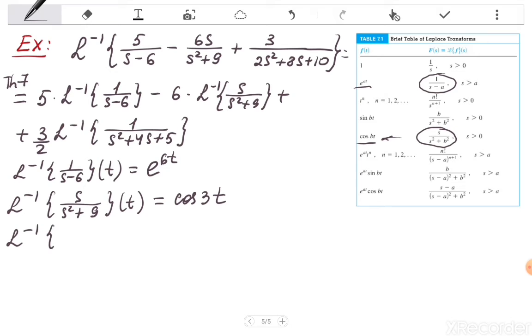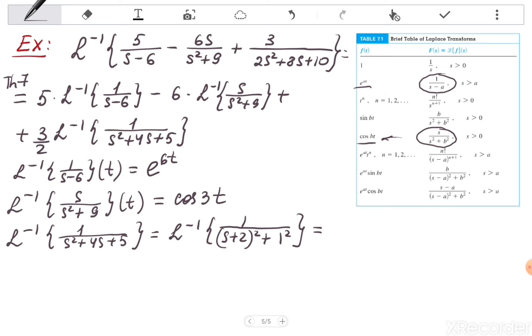And the inverse Laplace transform of 1 over s squared plus 4s plus 5. Here we have to complete the square of the denominator. This is L inverse of 1 over (s plus 2) squared plus 1 squared, since we have just 1 left.